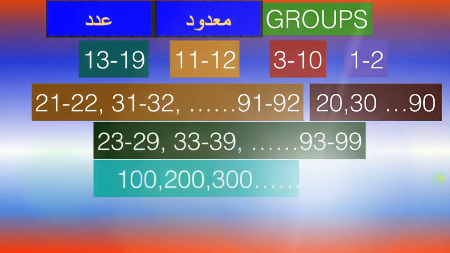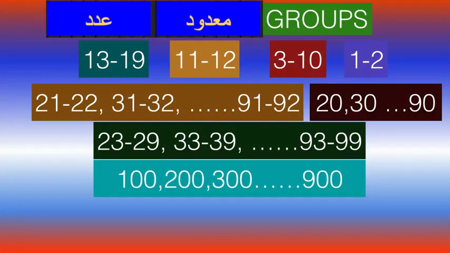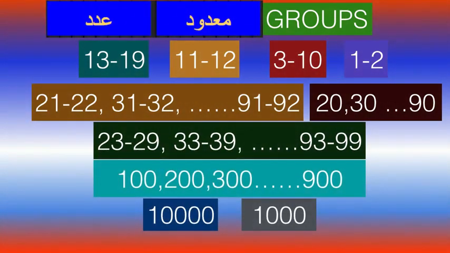And we know 100 to 900, the mi'atun will remain the same no matter which noun is being counted, whether muzakkar or muannas. And same for 1000 and 10,000, where the ma'dud is singular and has a kasra, indefinite.